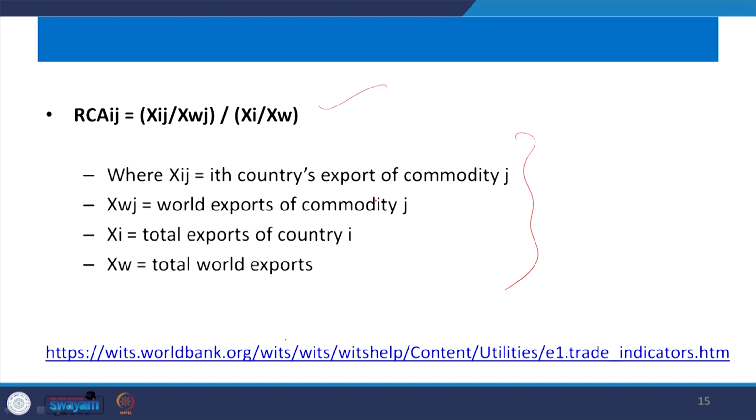To get further ideas on different indices and measurements, WITS, World Integrated Trade Solution, which I discussed earlier, is the portal of the World Bank and contains a variety of indices to explain trade. If you have interest, you can go through this link.